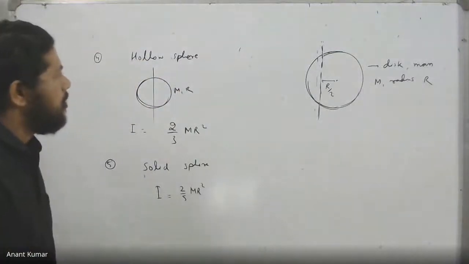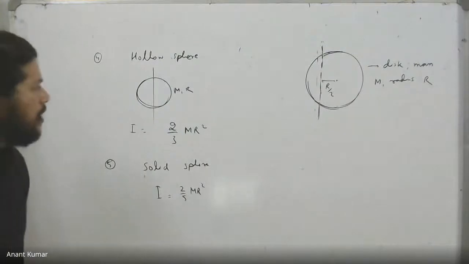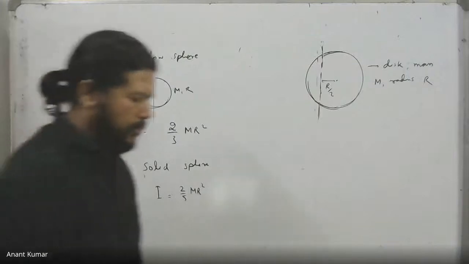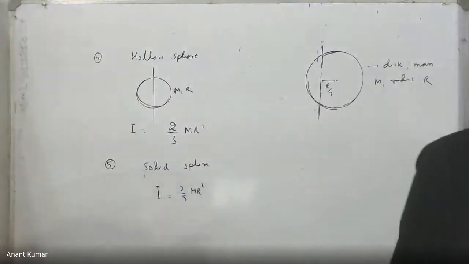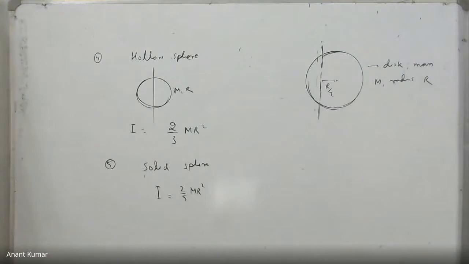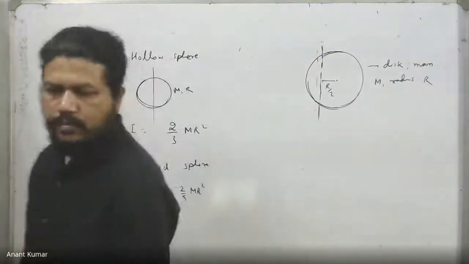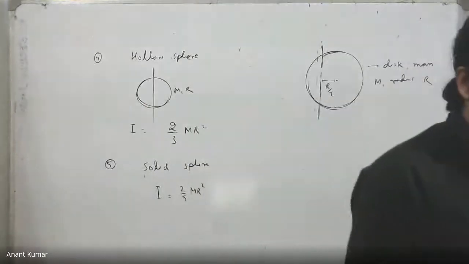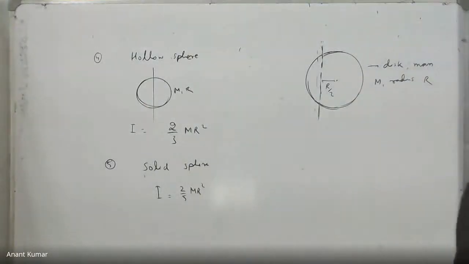Let me see. Oh yes, it is actually turning out to be. You can apply the parallel axis theorem. Before that, perpendicular, 1 by 4. Plus, yeah, that's fine actually. Sorry, yes, correct. It will indeed be half M R square. Yes, fine. It will be half M R square.